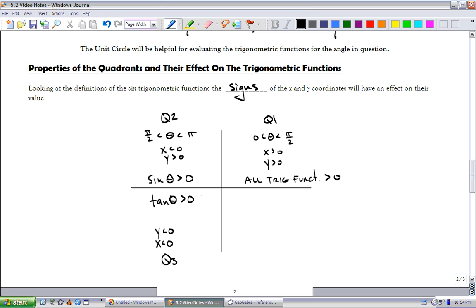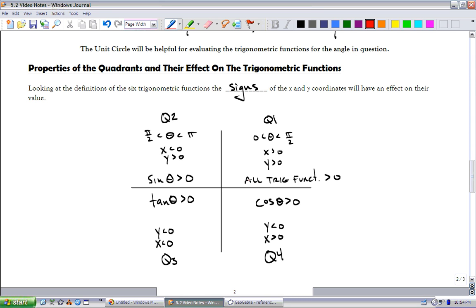And when I say basic trig functions, sine, cosine, and tangent, the other ones are considered their reciprocals. Lastly, in quadrant 4, x is positive, y is negative, and so here cosine of theta is the only one that is positive.